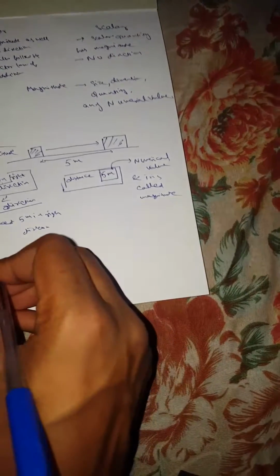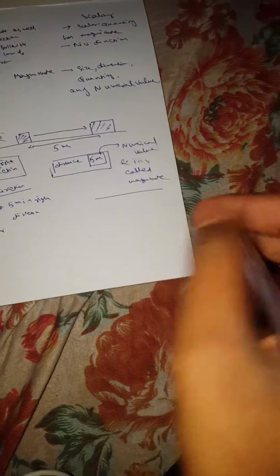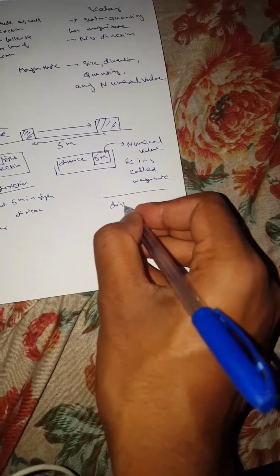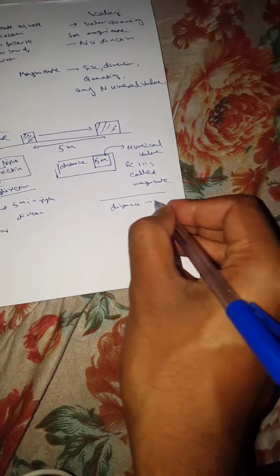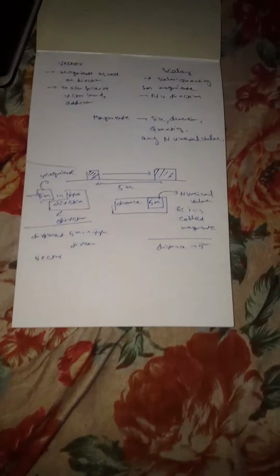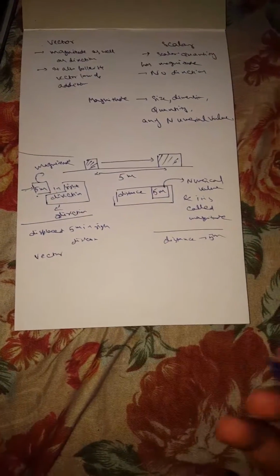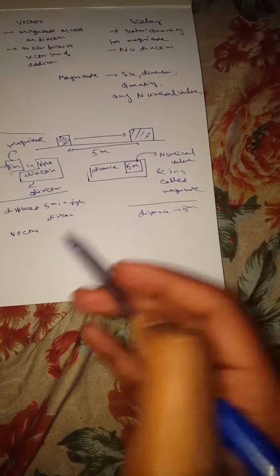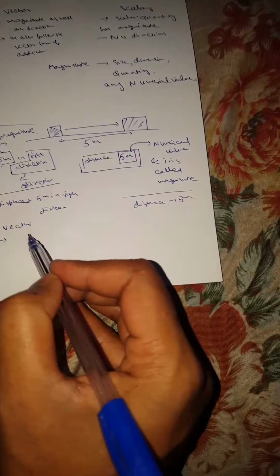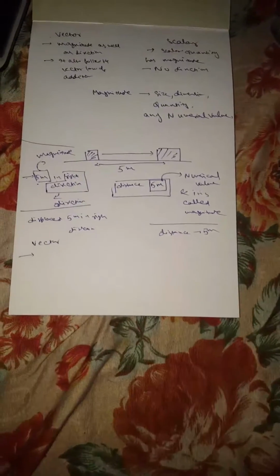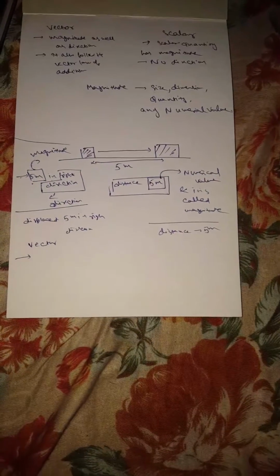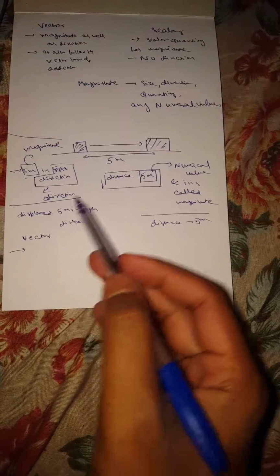So here it is a vector quantity. When we talk about a scalar quantity, we are simply saying that the block is moved a distance of 5 meter. We are not specifying the direction of the block. I haven't told you about distance and displacement yet, so we will have another tutorial on some other day.